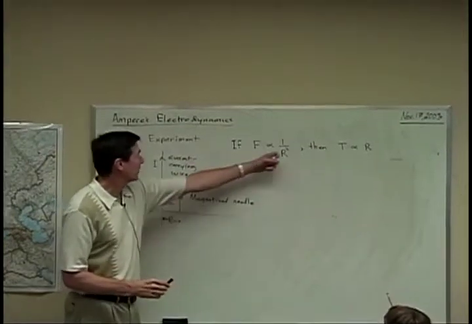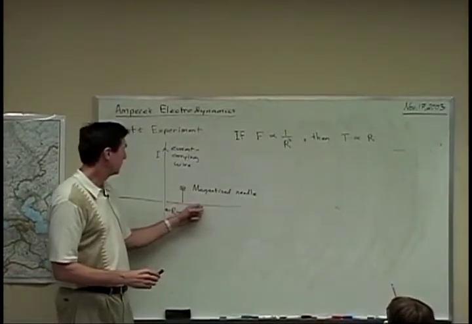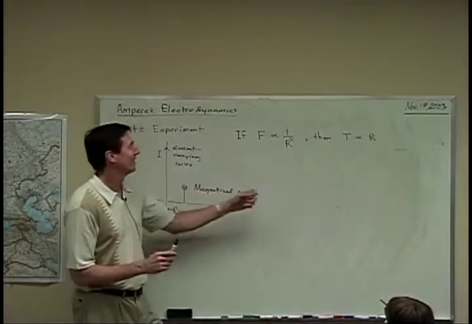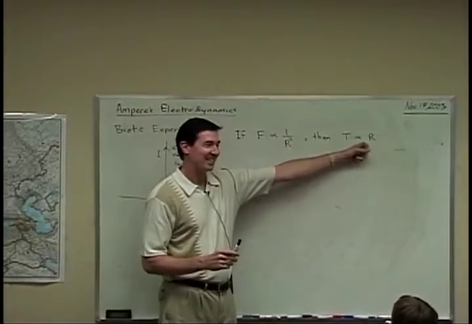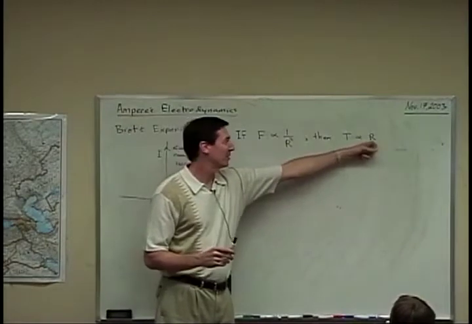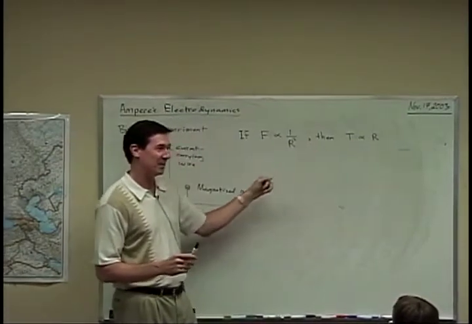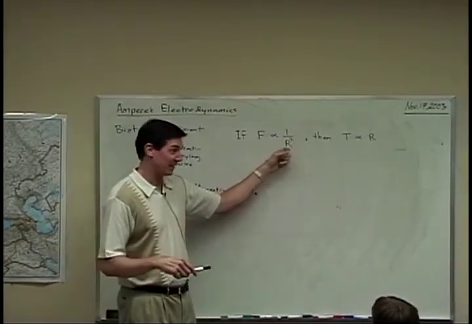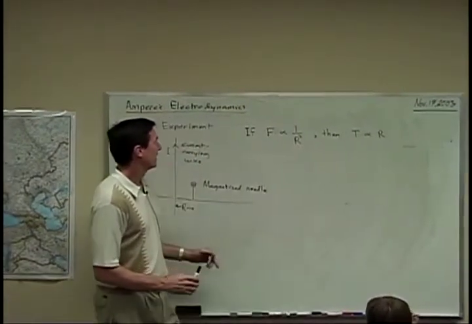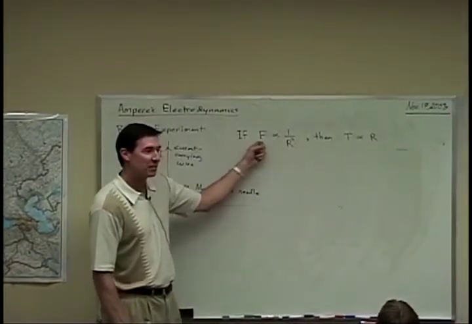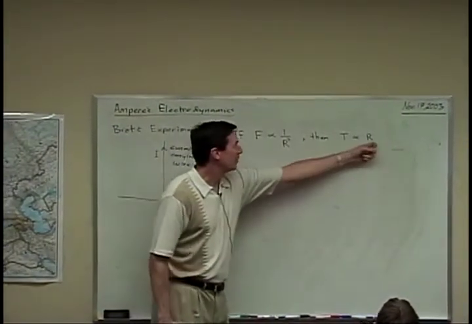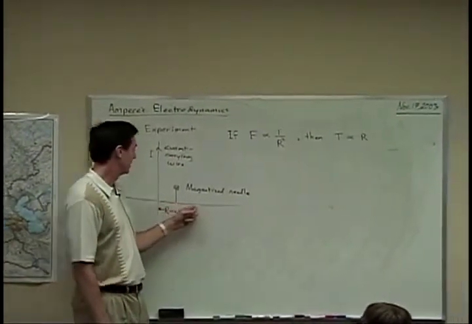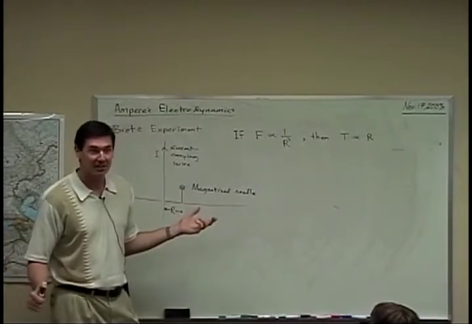But if it followed this kind of a law, if he moves it twice as far away, the period will go as the distance if the force goes inversely with the distance squared. That's what Coulomb showed. So if we have this kind of a force law, then if we double the distance, we should double the period. So if we had 1 second here, double the distance, we should get 2 seconds.